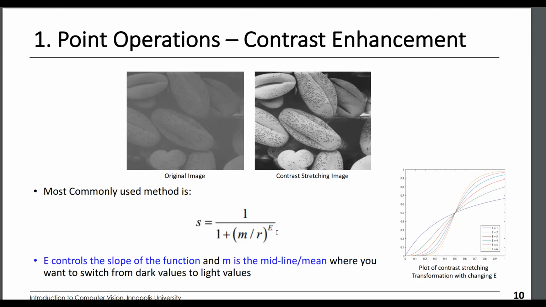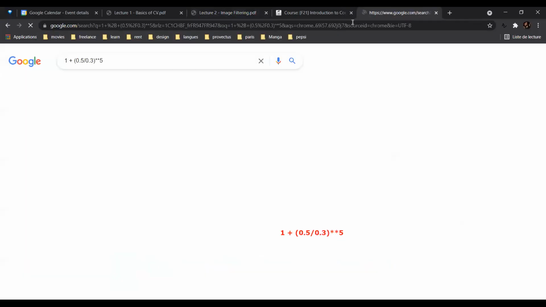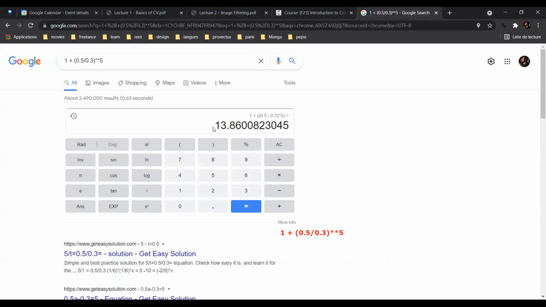Now let's try it for something that is small. So 1 plus 0.5 divided by 0.2 or 0.3, to the power of, let's say, 5. Let's do it together here. 13.